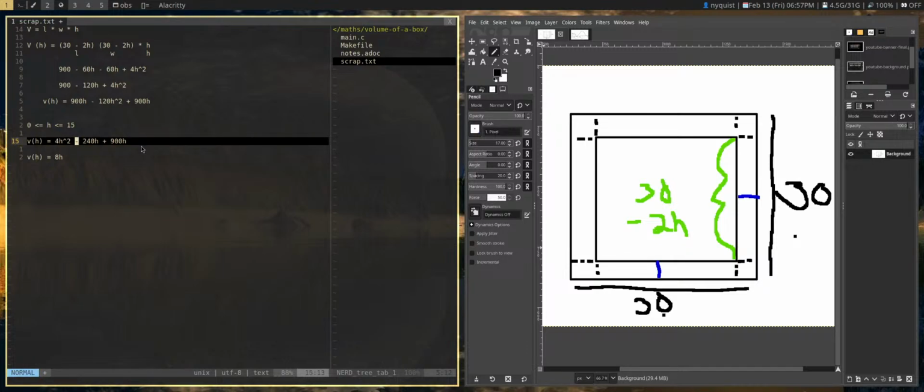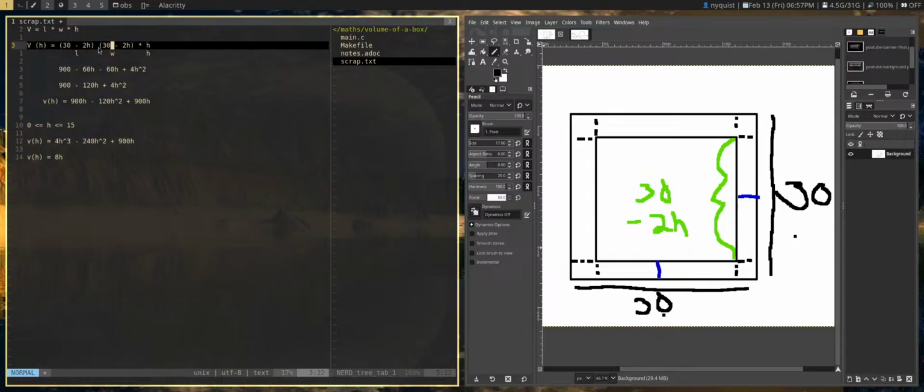Did I do this right? This was the power of 3, and this is the power of 2. I messed up a little bit when I did my math here.